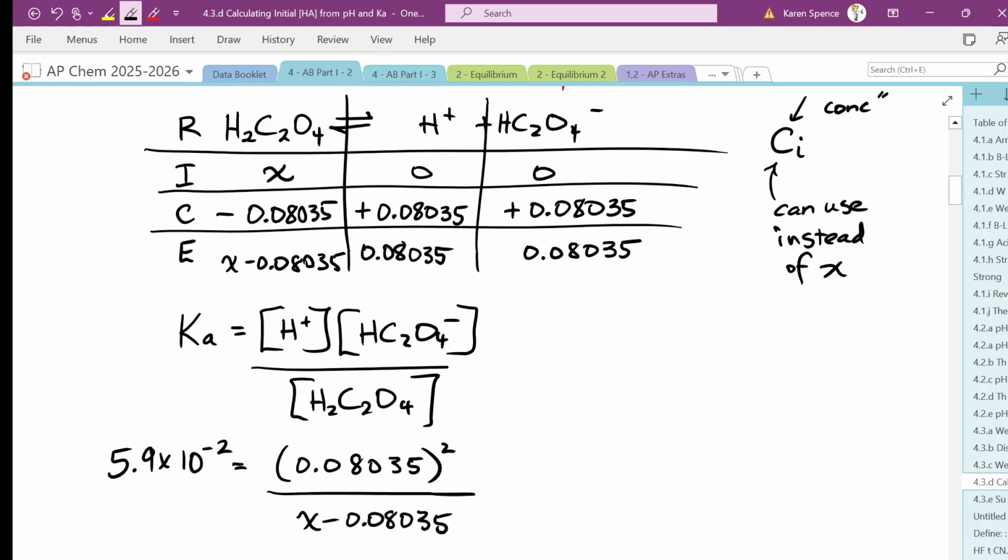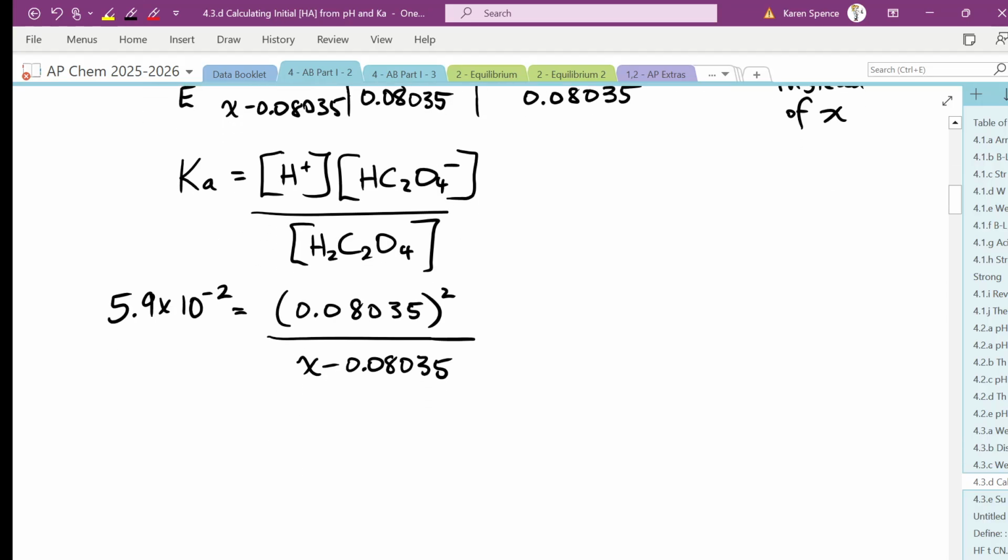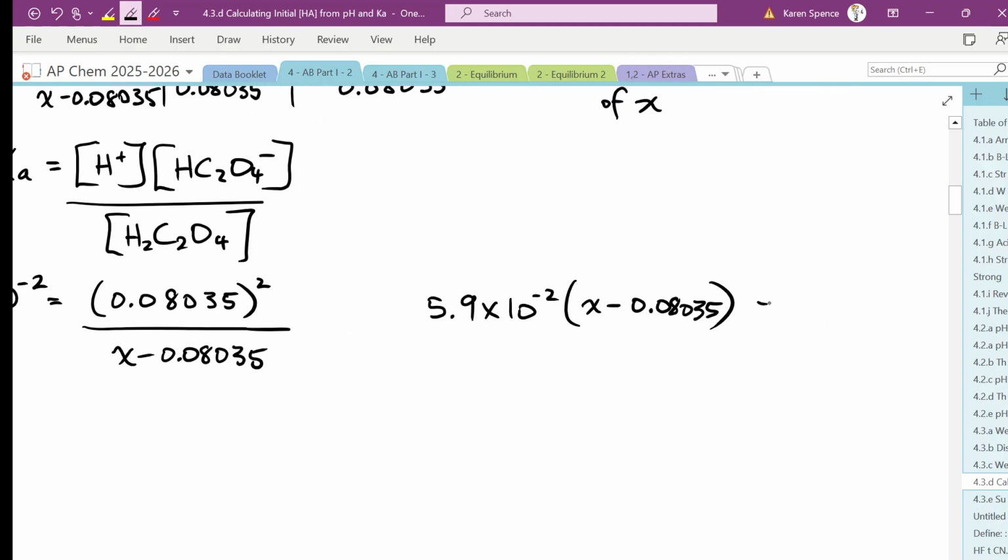Now, I'm going to tell you something that I am embarrassed to admit. I used to solve this way. Don't write this down. And I used to be like, oh, okay, 5.9 times 10 to the negative 2 times x minus.